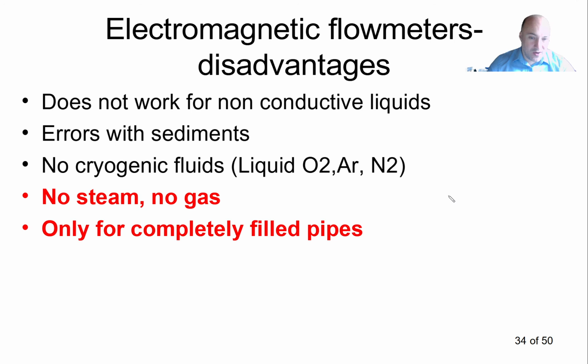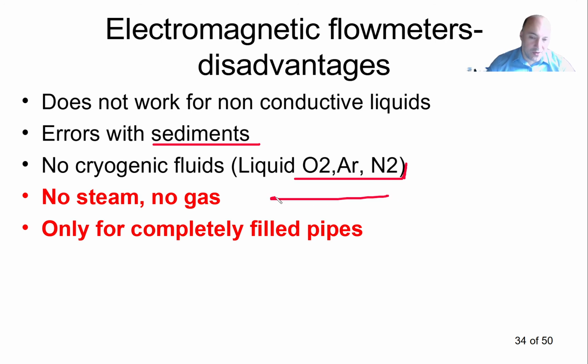We may get errors with sediments because we measure the flow rate as a speed of our liquid in a pipe. So if we have a sediment on the bottom, then we do not have the full cross section. It does not measure cryogenic liquids. Well, they're not conductive, so if they're not conductive, then we cannot measure them.